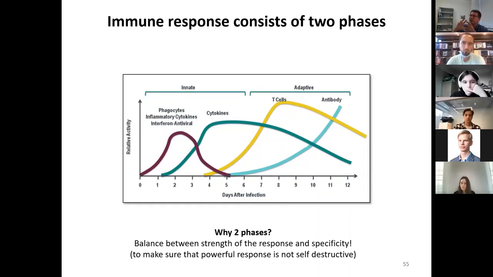And so the macrophages do not have a very strong ability. They have some, but not a very strong ability to clear the pathogen or destroy the cells of the organism.